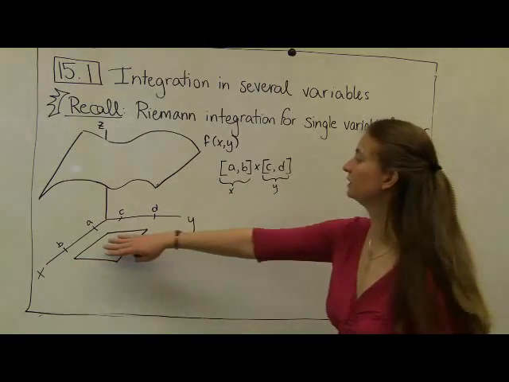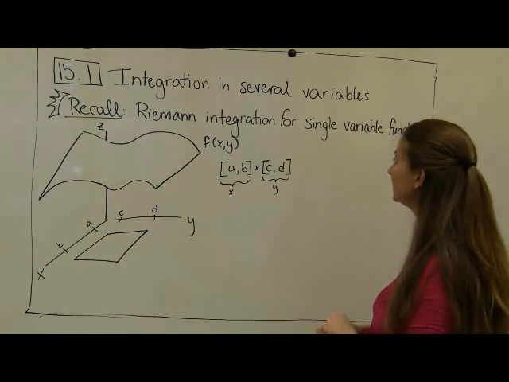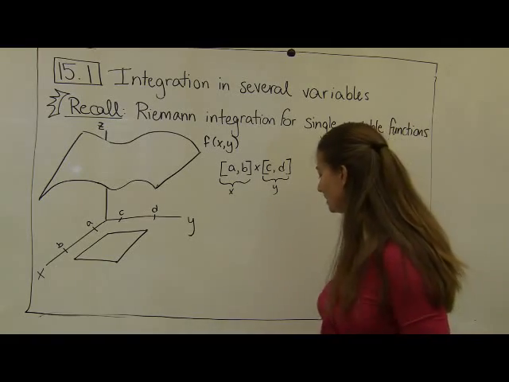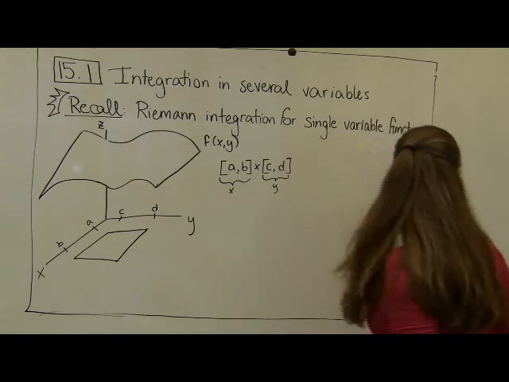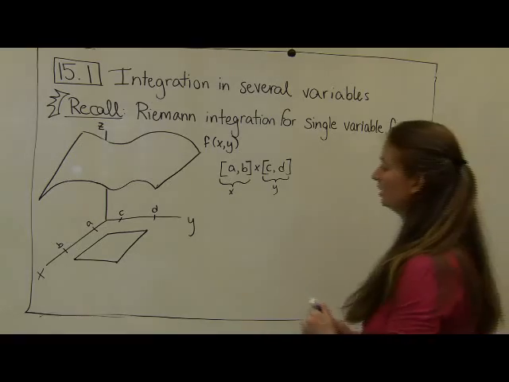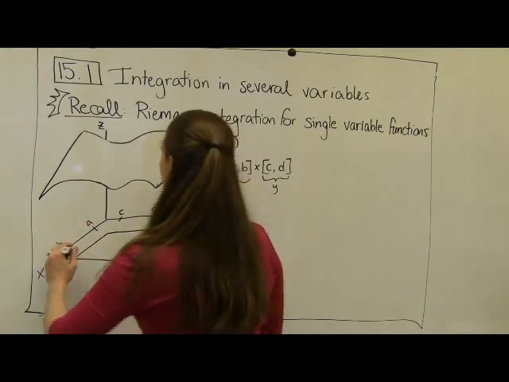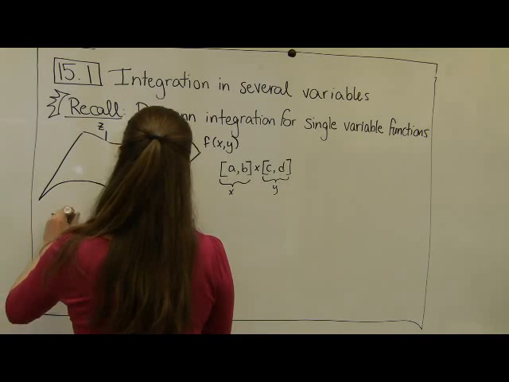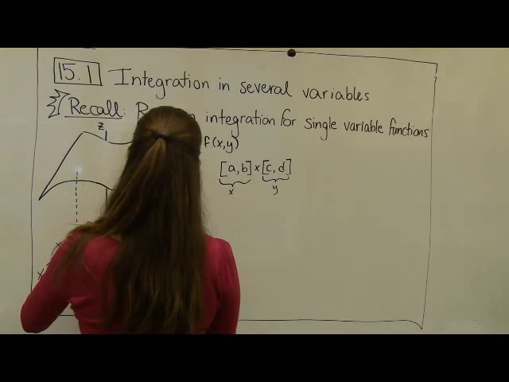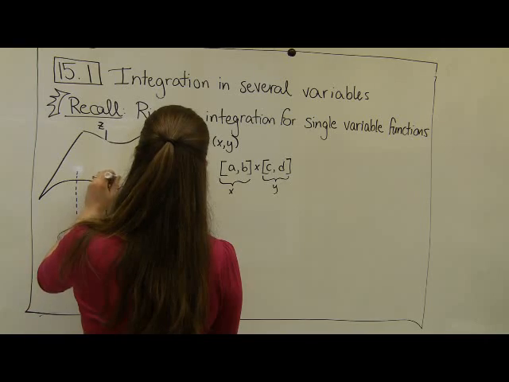There. So that's my region of integration. And really, what I'm trying to compute is, what is the volume of the region? What is the volume of the region if I were to cut out this box, where the corners of this box are up here on this wavy sheet?